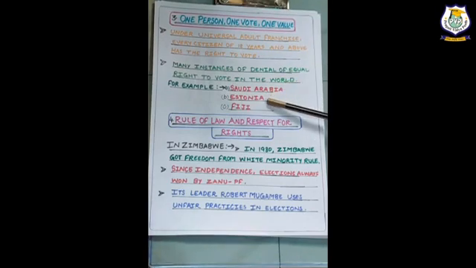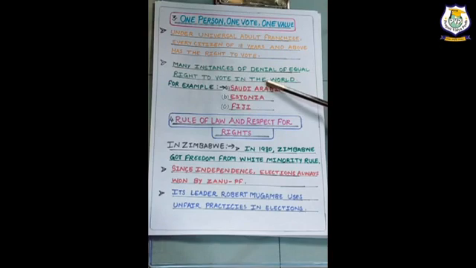Estonia has made its citizenship rules in such a way that people of the Russian minority find difficulty in getting the right to vote. In Fiji, the votes of indigenous Fijians have more value than the votes of Indian Fijians.